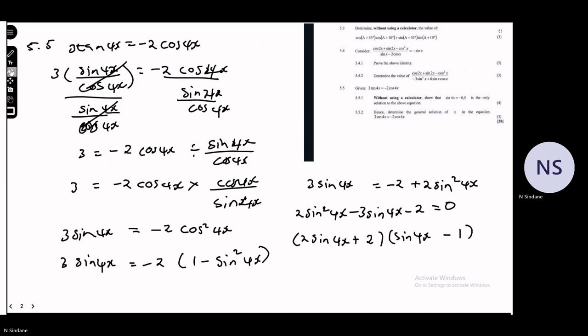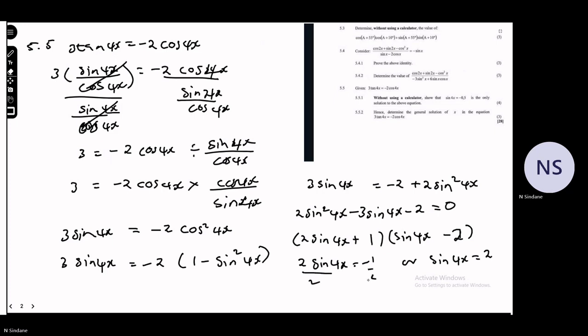Okay, actually this one is this side. Yeah, we have 1 here, then we have 2 there. Yes, that's it. And then 2 sine of 4x is equal to negative 1, or sine of 4x is equal to 2, right?